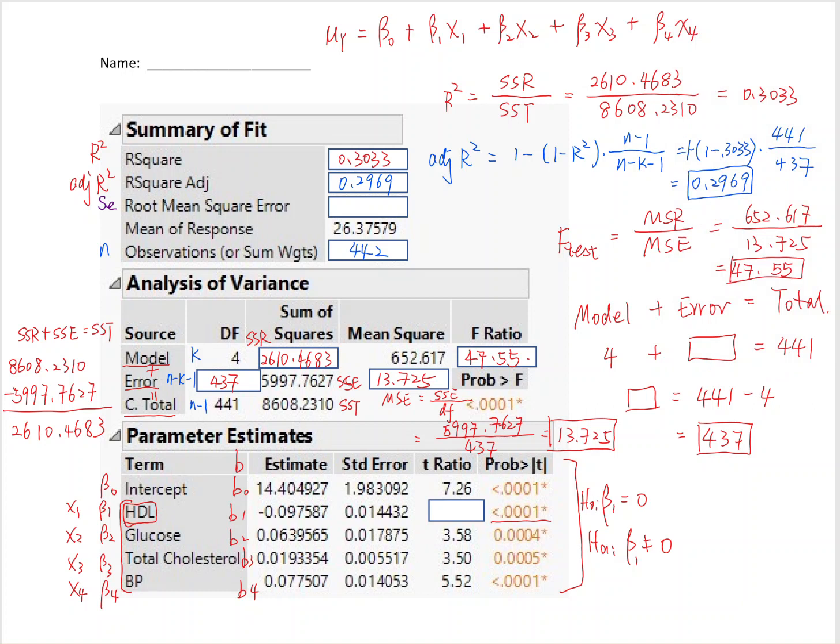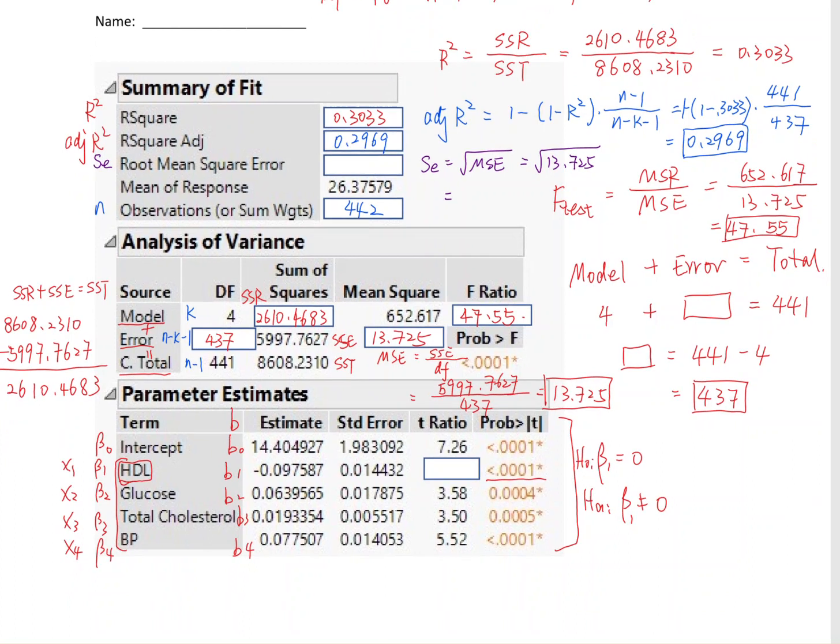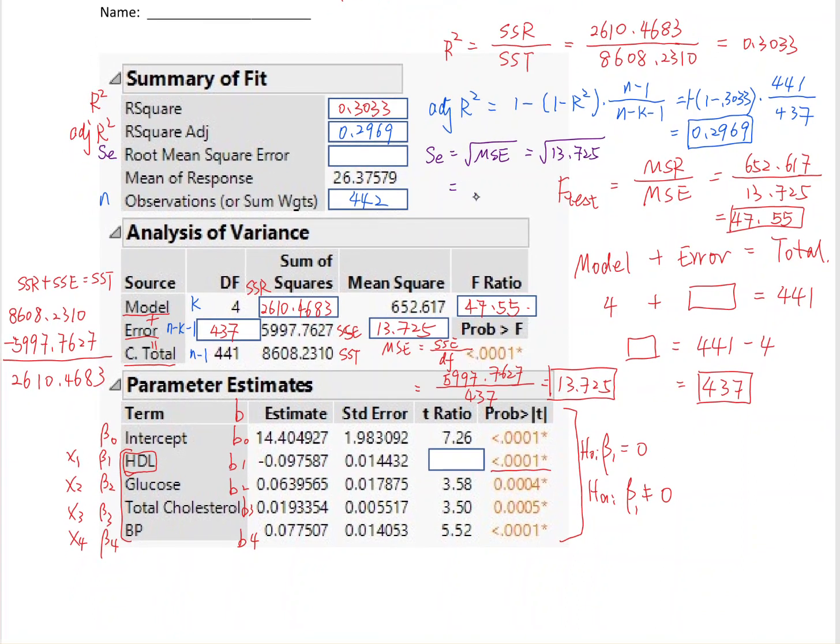And also SE is just the square root of MSE, because MSE is mean square error, right? This is root mean square error, right? So since we have the MSE, which is 13.725, you just calculate, right? So what is that? It is 3.705.